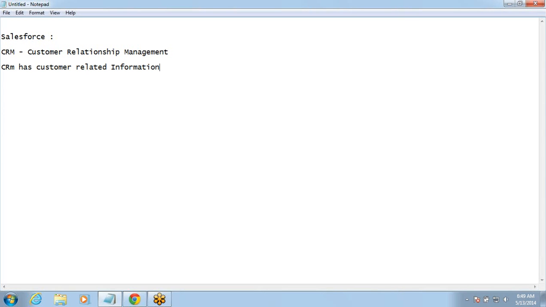So for example, take a very simple example. If there is a business and you go and buy something from that business, okay, you have made a part of the payment and you have to make another part of the payment. Let's say half of the payment you have made and half payment needs to be made next month, right? Here, in case the moment you go to make the next half of the payment and these guys say, oh, you still need to pay the full amount, or they are not able to tell you when exactly the payment needs to be done.